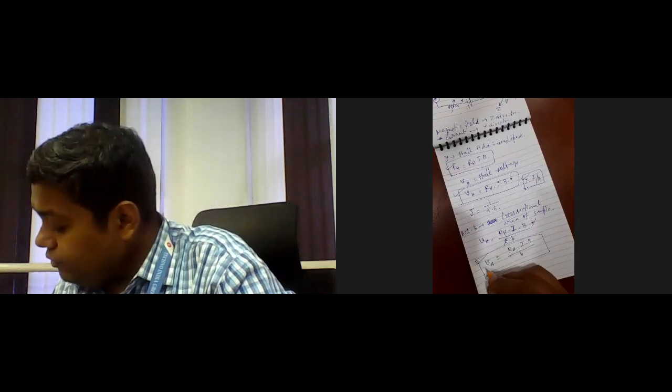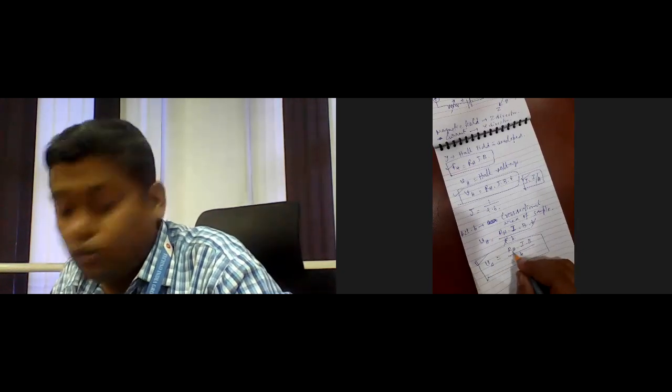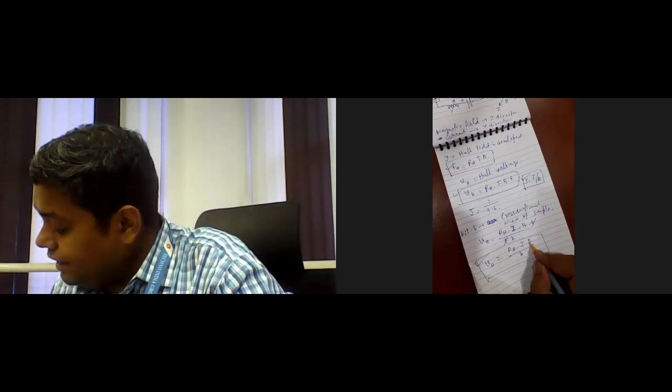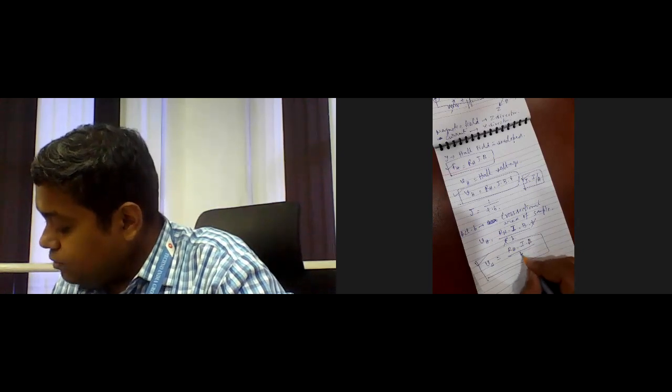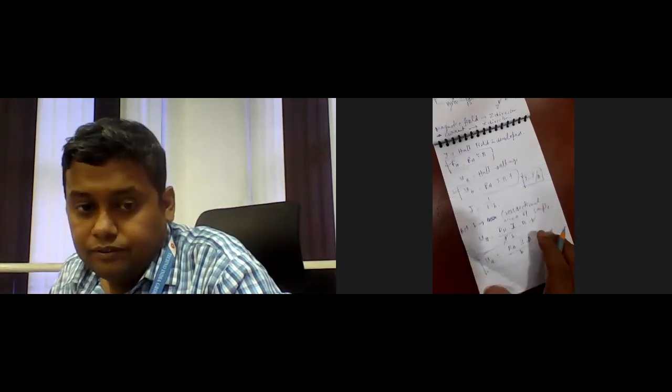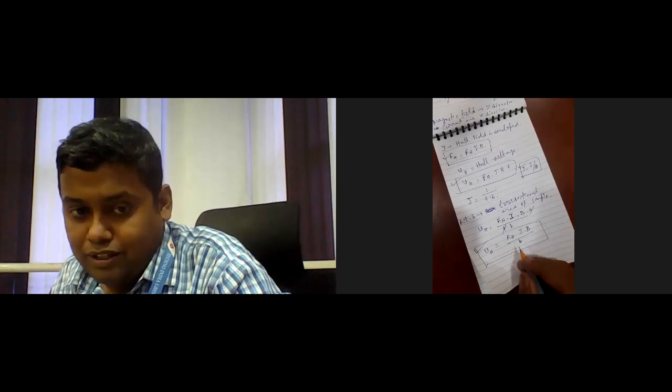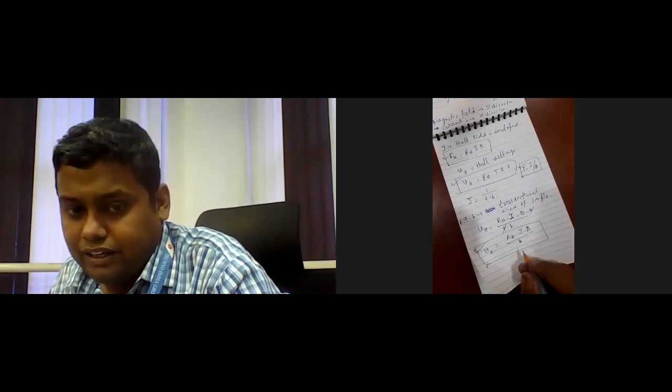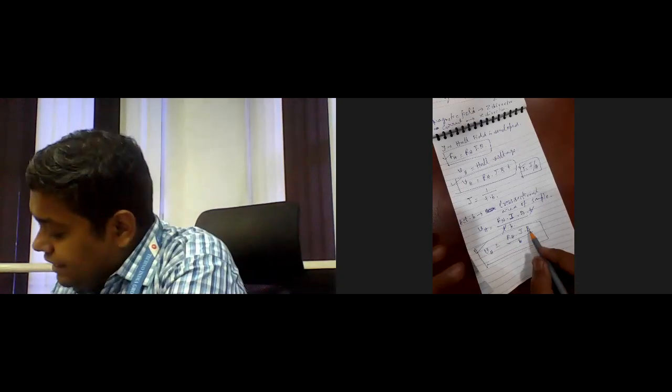Here R_H is the Hall coefficient, B is the magnetic field, and small b is the breadth of the specimen of the semiconductor or the current conducting device. These are fixed.